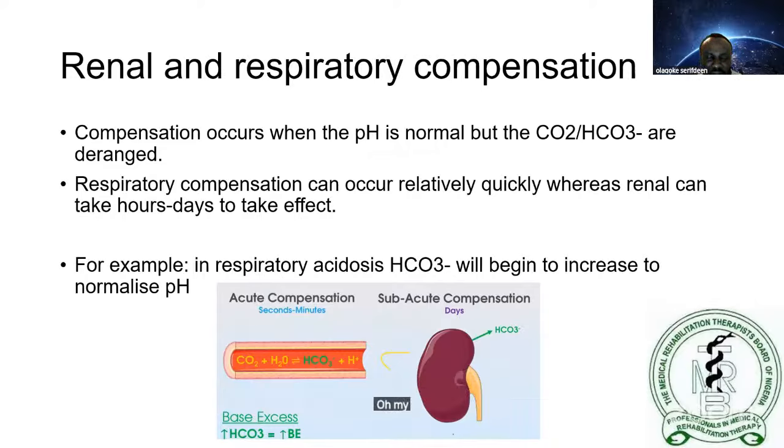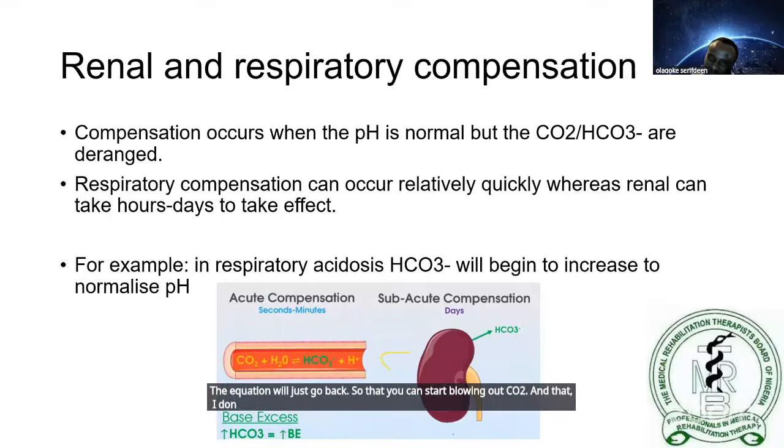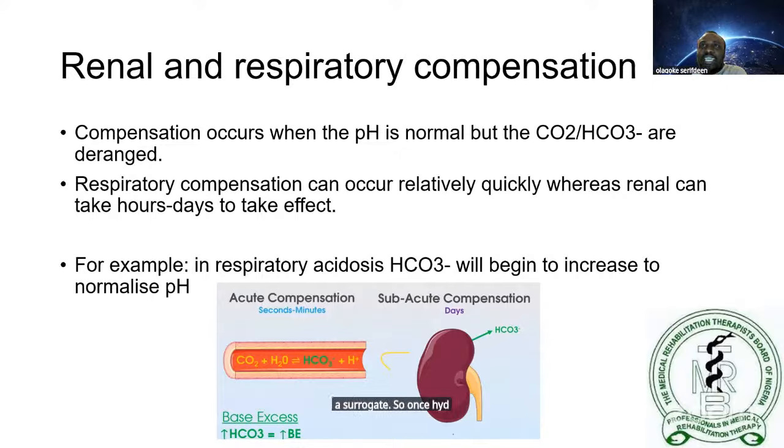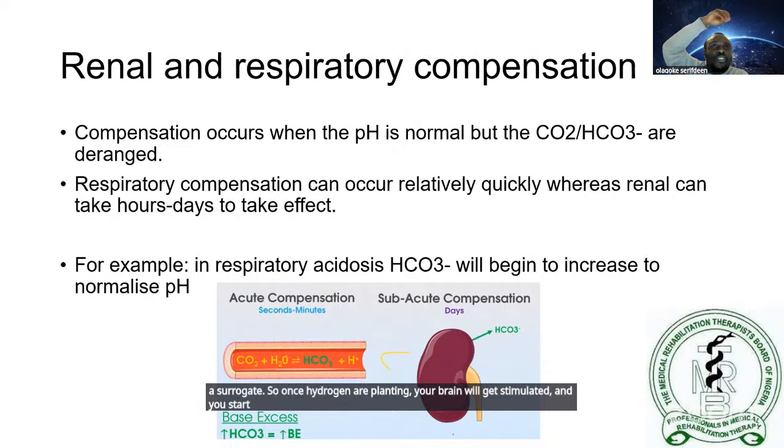The equation will just go back so that you can start blowing out CO2. And that hydrogen, I have explained it before, CO2 and hydrogen, just see them like a surrogate. So once hydrogen ions are plenty, your brain will get stimulated and you start blowing off a high amount of CO2 in order to get rid of that hydrogen ion. If that makes sense to somebody.